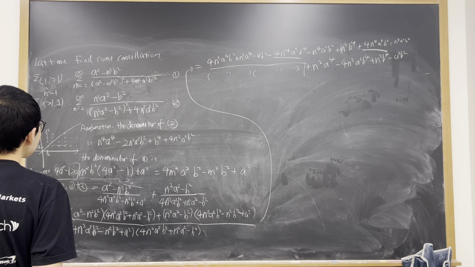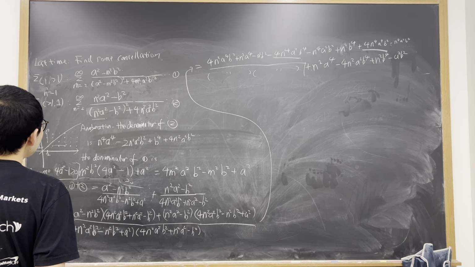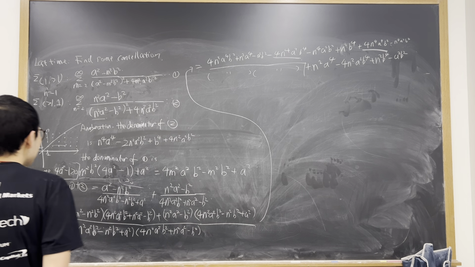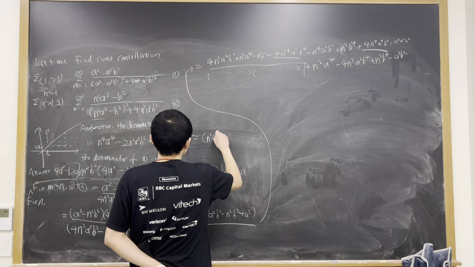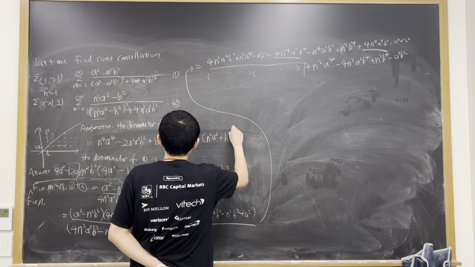So actually I think it becomes n squared a squared plus b squared.